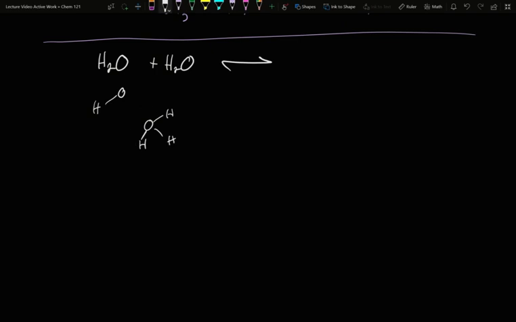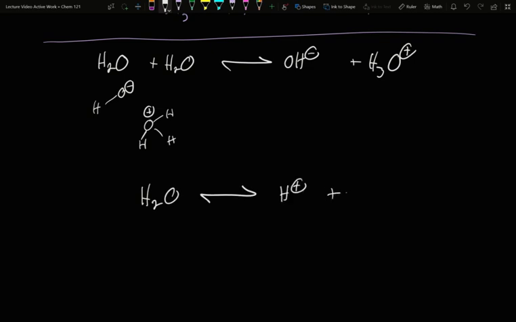The net result of this is that you actually end up with OH- and H3O+. The two waters can swap and pass off one of the protons, one of those hydrogen atoms, except it leaves as a proton as charged, and so one of them ends up with a negative, one of them ends up with a positive. We often write this as just water can break apart into H+ and OH-.